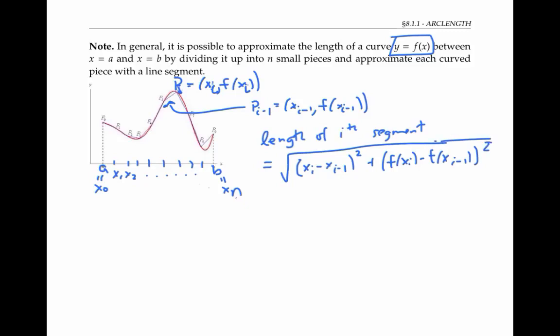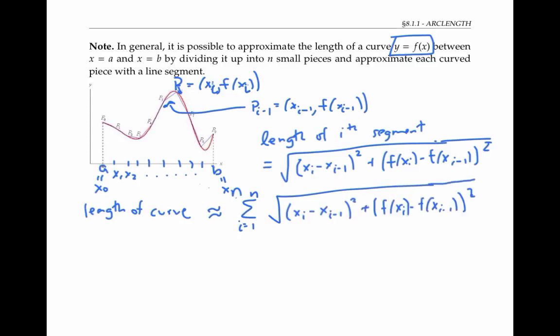The total length of the curve can be approximated by adding the lengths of all these line segments up. So that's the sum from i equals 1 to n for the n line segments of these lengths. This is starting to look a little bit like a Riemann sum because of the sigma sign, but it's missing the delta x that I usually have out here. So I'm going to use a trick.